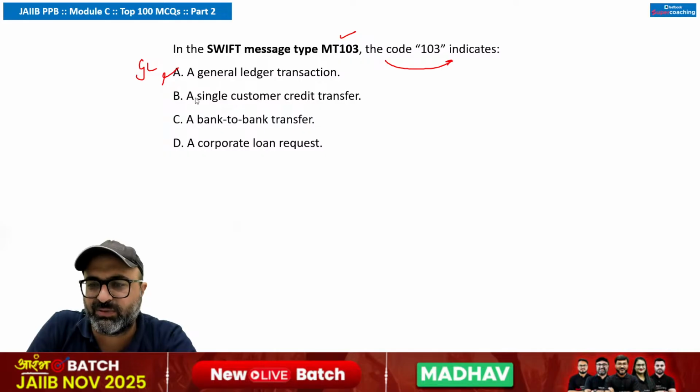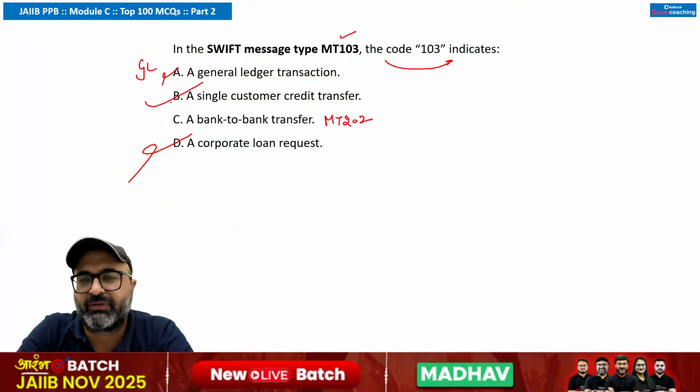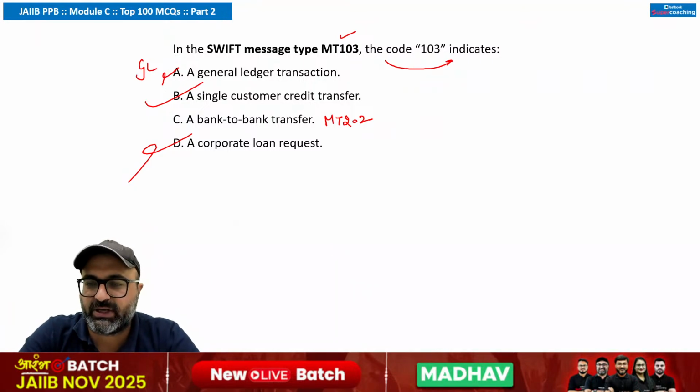For bank-to-bank transfer, it is MT202. A corporate loan request is not in the SWIFT category format, but yes, MT103 describes a single customer credit transfer. So keeping that in mind, the answer is going to be option B. Okay, the point is clear. Let's move on to the next one.